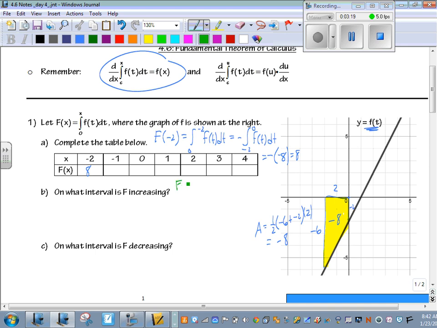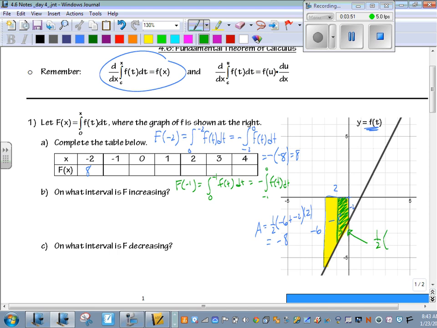If we do F of negative 1, we get the definite integral from 0 to negative 1 of f of t dt. So we want to switch that around so that we're going from negative 1 to 0. So now we're just looking at this little trapezoid, right? From negative 1 to 0, we have the area for that one, 1/2 times base 1.